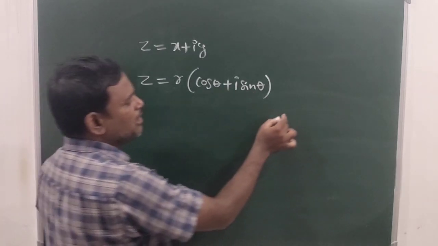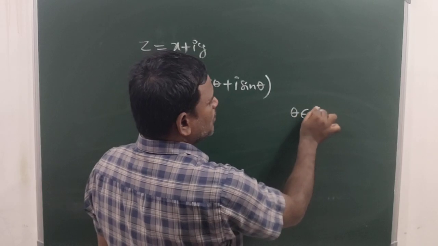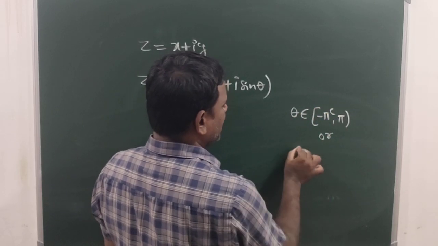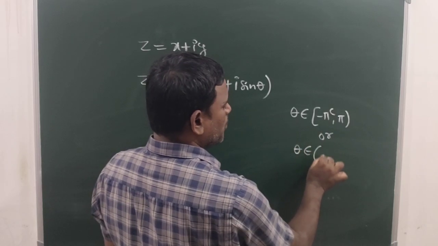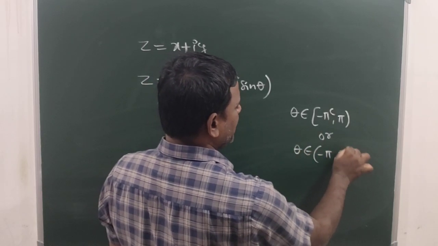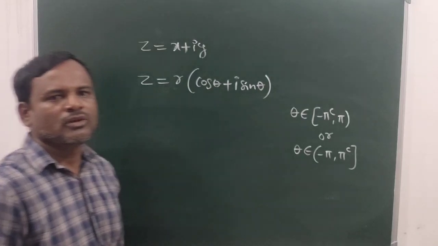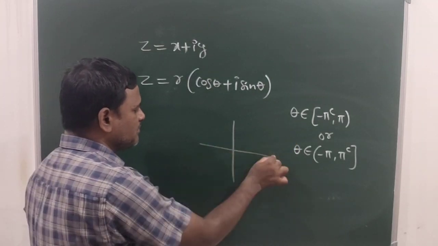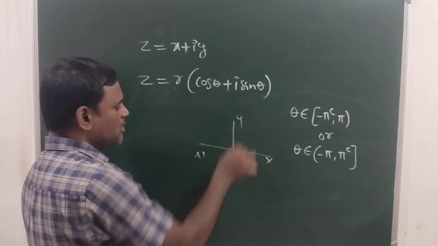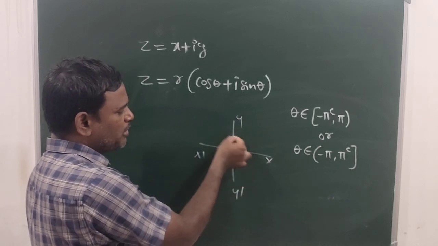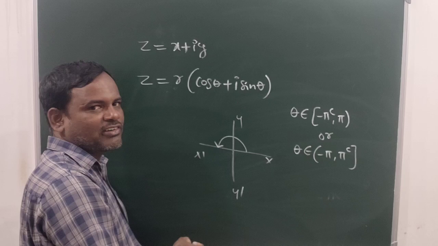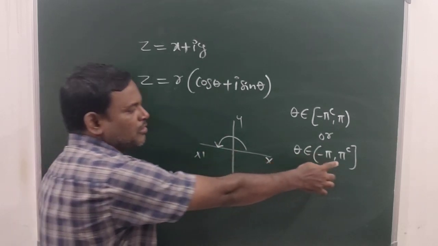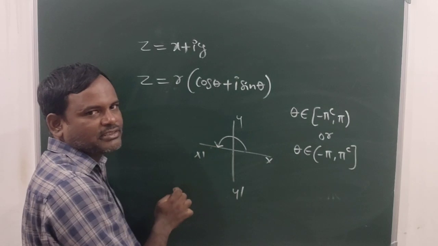Where theta belongs to the closed interval of minus pi radians to pi radians, or you can take theta belongs to the open interval of minus pi to pi radians closed. You get one solution in one rotation. So from here to here, if you measure an angle in the anti-clockwise direction, it gives 0 to pi radians.